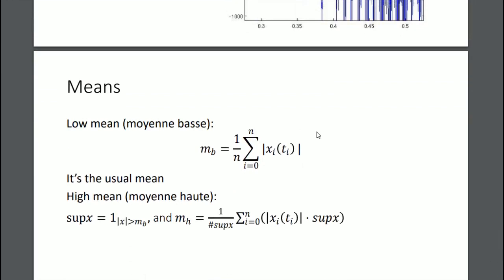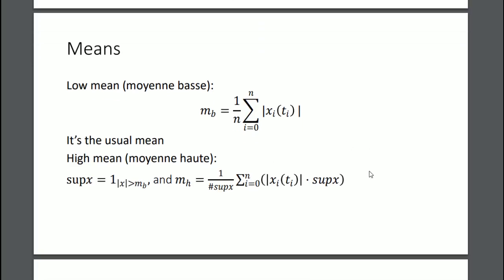Basically we do a mean over the absolute values of the values that are above the mean. So I build sub x, the values such that the absolute value of x is superior to MB, the usual mean, and I define MH to be 1 over the number of elements in sub x, times the sum of all the elements that are over MB.